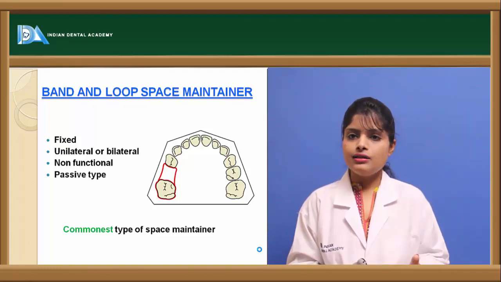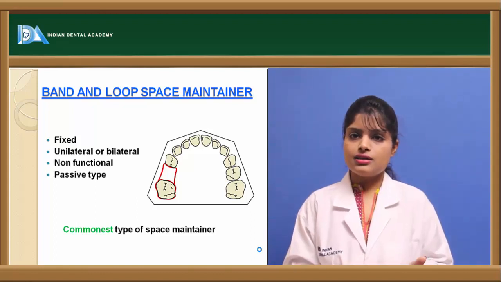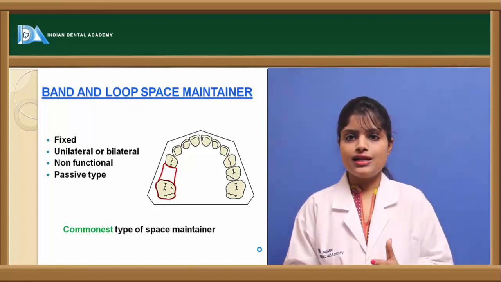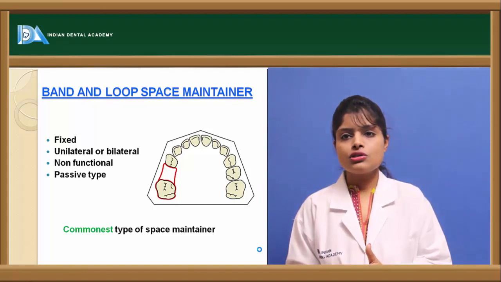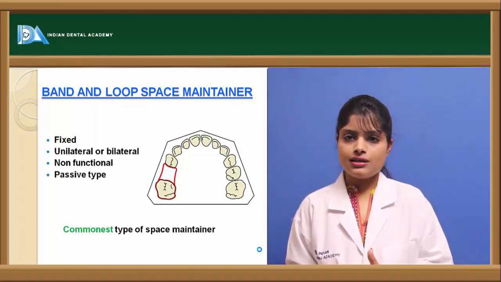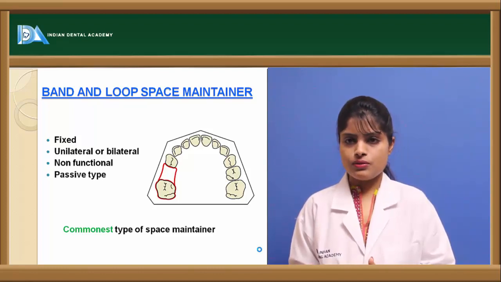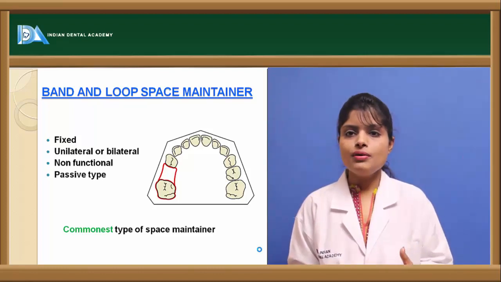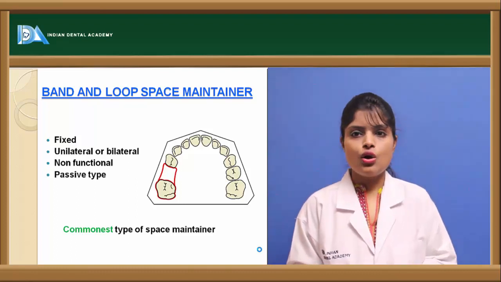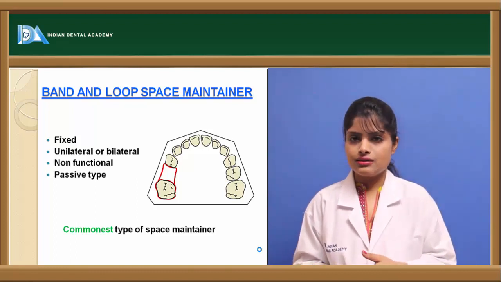They can be either unilateral, that is, used only on one side of a dental arch, or they can be used in a bilateral manner, that is, on both sides of the dental arch. It is one of the most common types of space maintainer used in dental clinics.